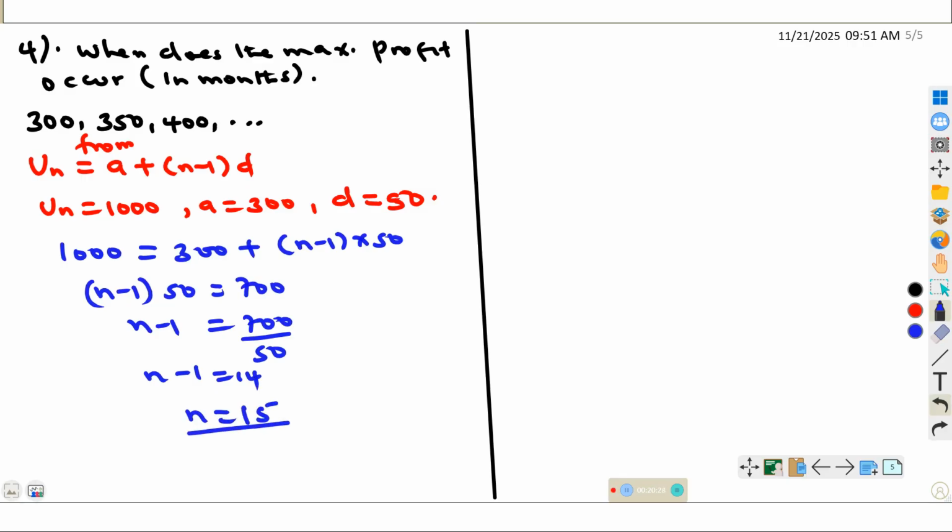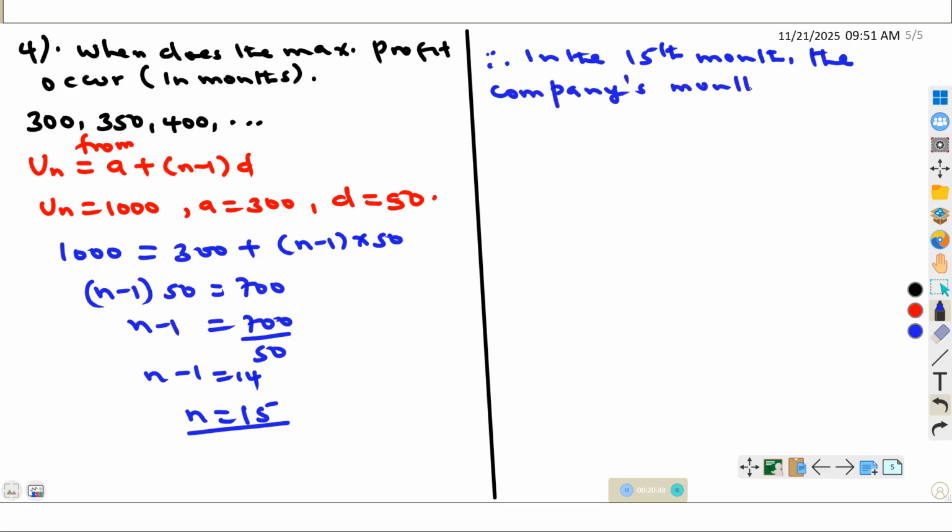So it means in the 15th month, the company's monthly sales reach 1,000 pairs.